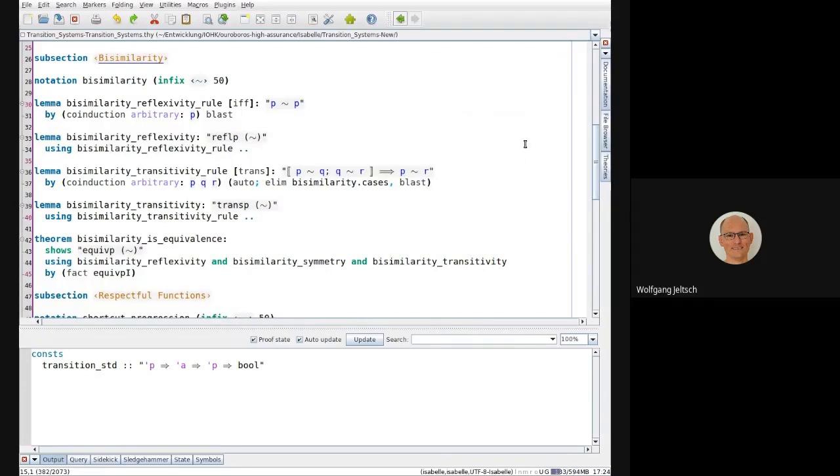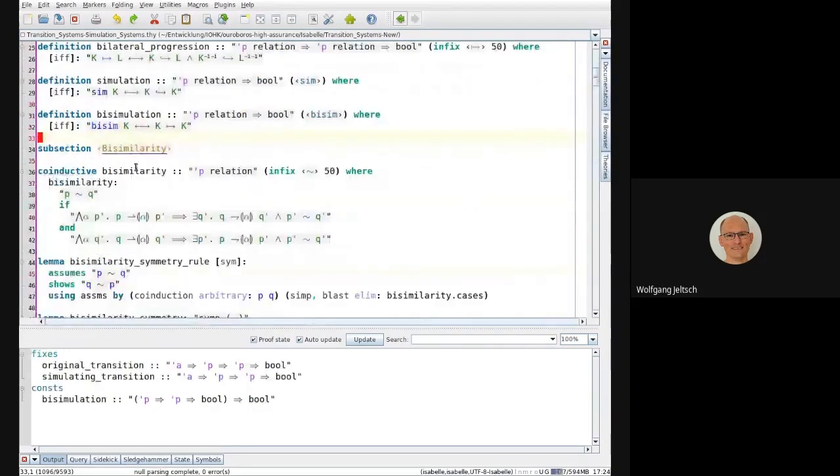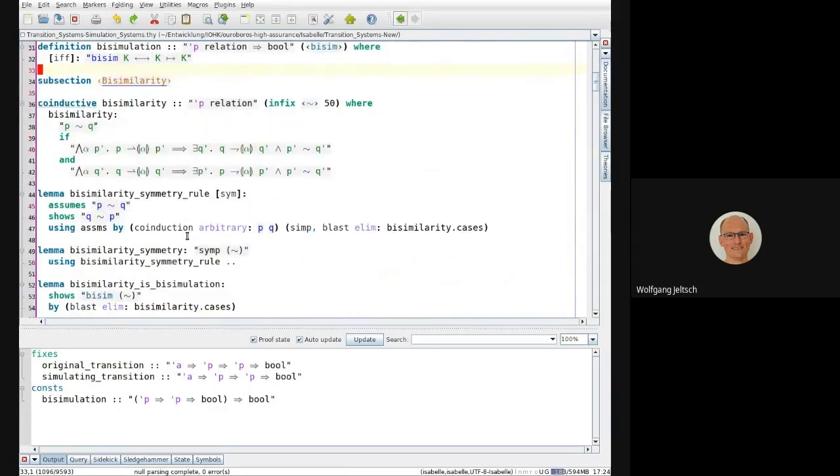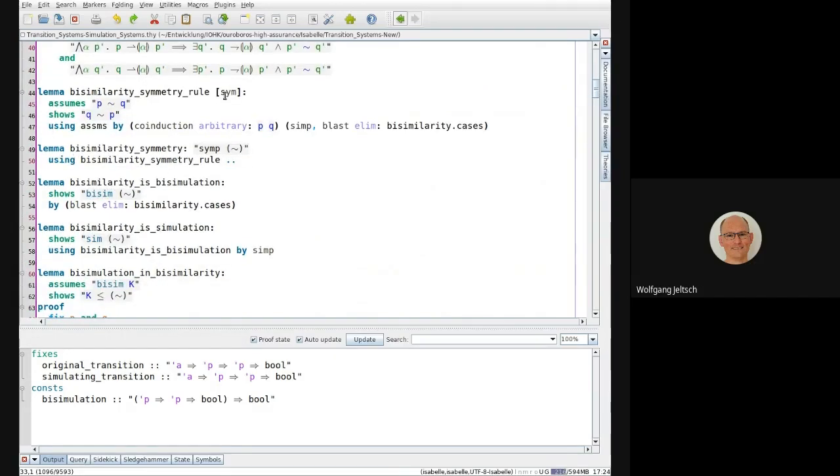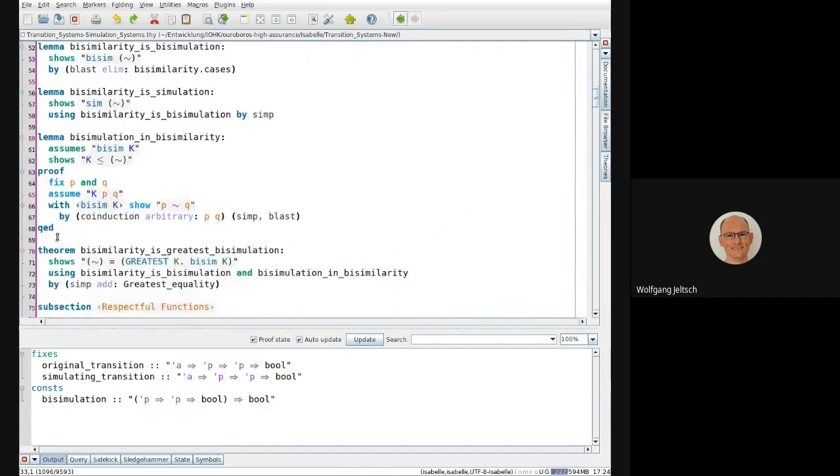To remind you, here we had the definition of the bisimilarity relation using this facility to make co-inductive definitions. And then we had this proof that bisimilarity is symmetric, and also that in the end, bisimilarity is the greatest bisimulation relation, and these lemmas led to this final theorem here.